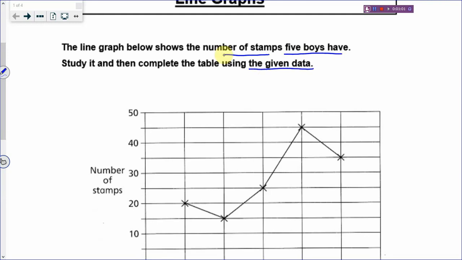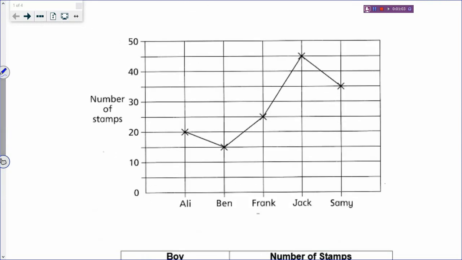So where's the data? Look at the line graph and see the meeting points of two lines. If you see two lines meeting, this is where you look for the data. And over here there's a cross. If you look at Ali, how many stems does Ali have? Before you tackle any line graph or solve any problem, you always need to count the units.